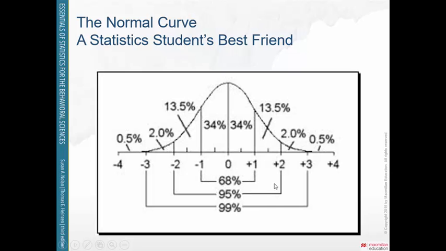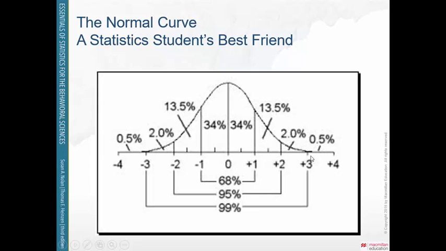We also know that, here's the 2 part of the 1, 2, 3 rule, that within 2 standard deviations above and 2 standard deviations below, that comprises 95% of your cases. Almost all of the cases fall between plus and minus 2 standard deviations.